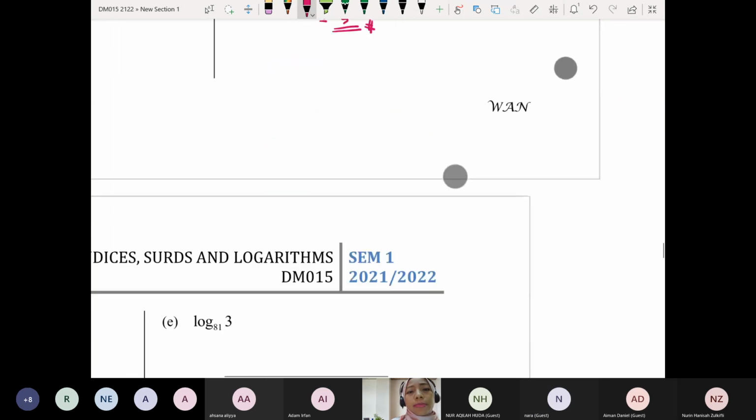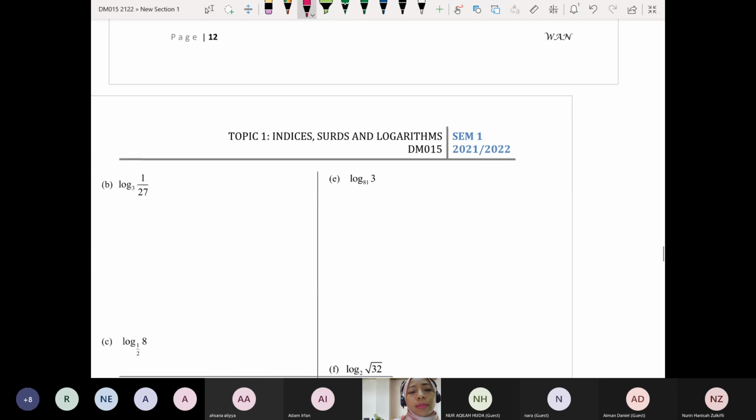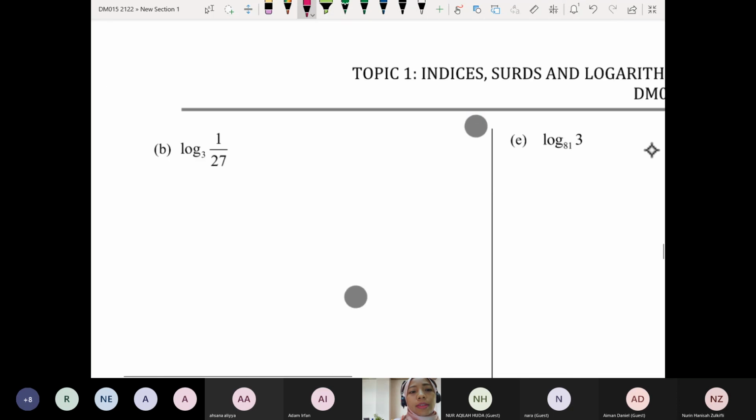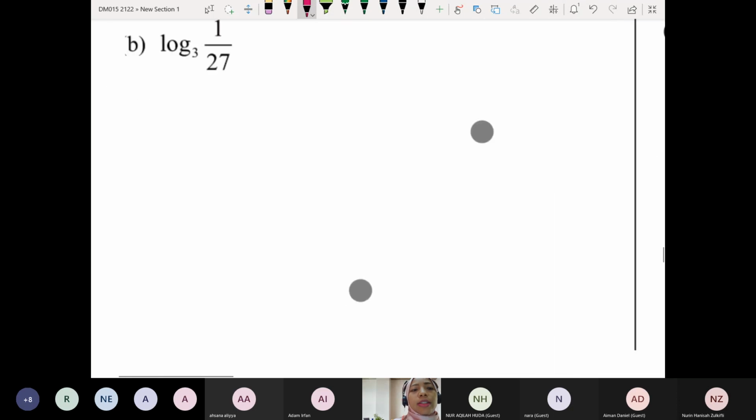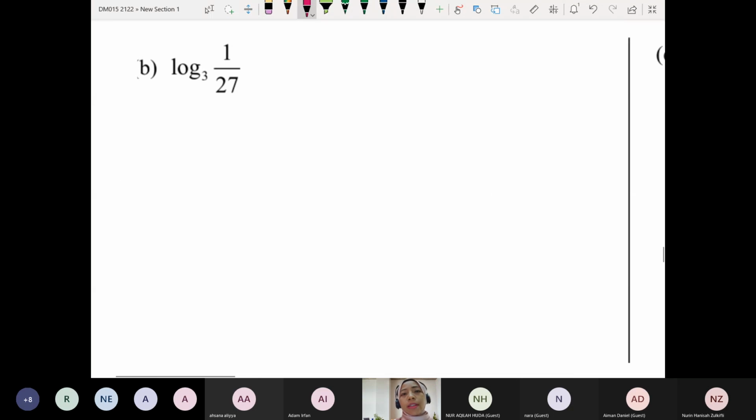Okay, next. How about this function B? Log 1 over 27 base 3. Previously you learned that a to the power of negative 1 is equivalent to 1 over a. So if you have 1 over 27, it is also 27 to the power of negative 1, right?